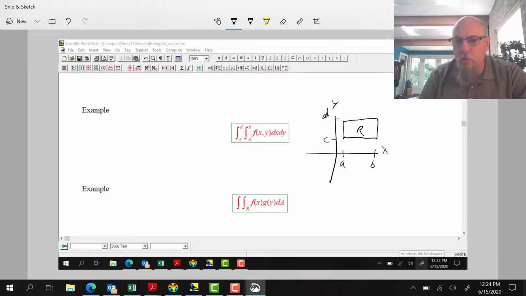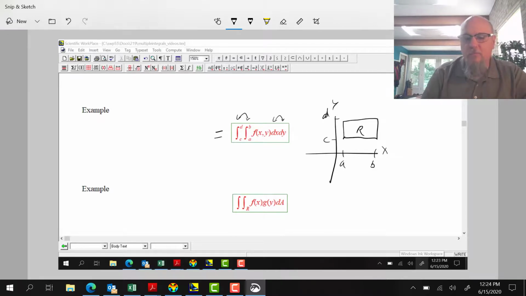So if I switch the order of integration, I can just switch the endpoints. So if these switch, and that's totally true on a rectangle, but it's only true on a rectangle.